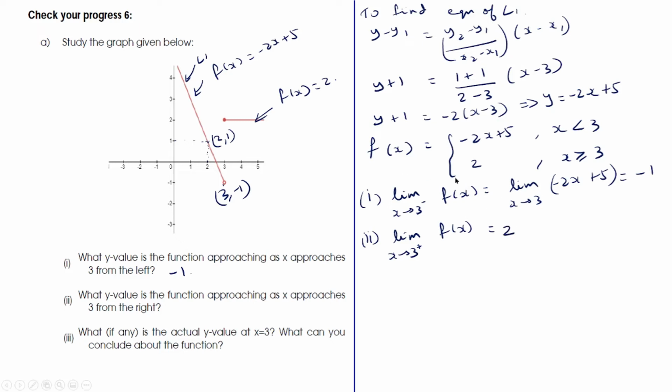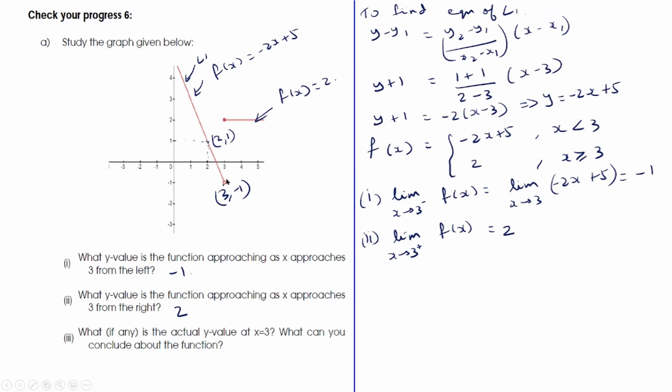Here we have written f of x equal to 2 for x greater than or equal to 3. And then the next subdivision: what y value is the function approaching as x approaches 3 from right? So the value is 2. Next subdivision: what, if any, is the actual y value at x equal to 3?